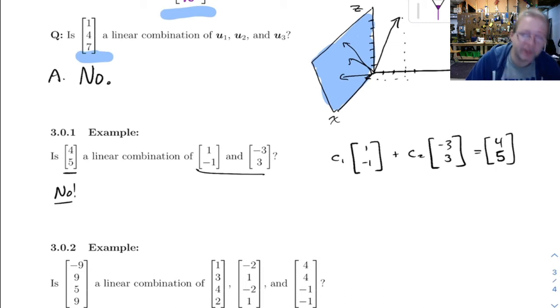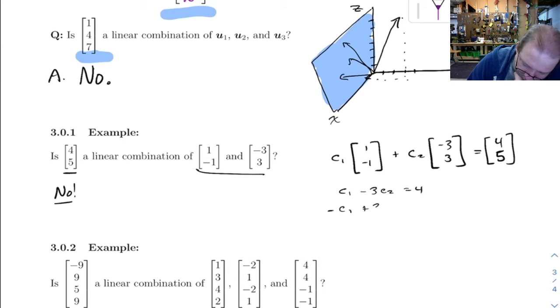And you have to solve this for C1 and C2. Now, you could rewrite this if you wanted to as a system of equations. That'd be C1 minus 3 C2 equals 4, and this would be C1 times negative 1 plus 3 C2 equals 5. And so we need to solve this.